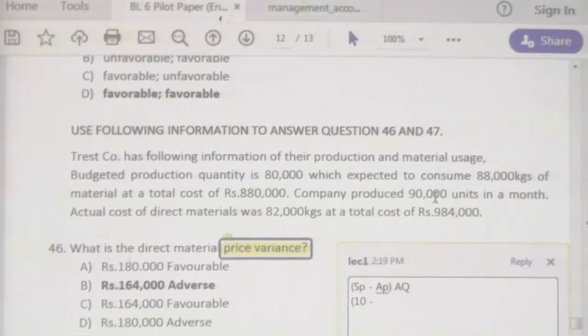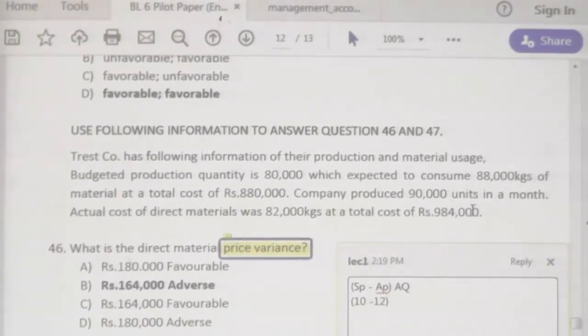Now, the company produced 90,000 units. Actual direct material used is 82,000 kilograms, and 984,000 is the actual total cost. Number of kilograms used is 82,000. Therefore, the actual cost incurred per kilogram is 12.